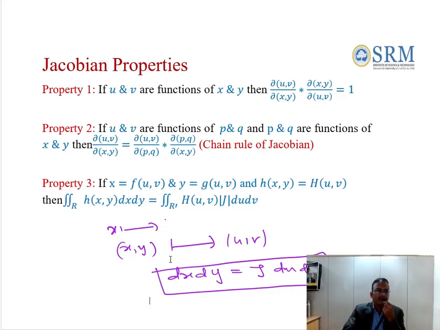Similarly, the same definition is used in probability, random processes, and multivariable calculus. In many engineering problems they apply a transformation like this, dx dy equal to Jacobian times du dv.